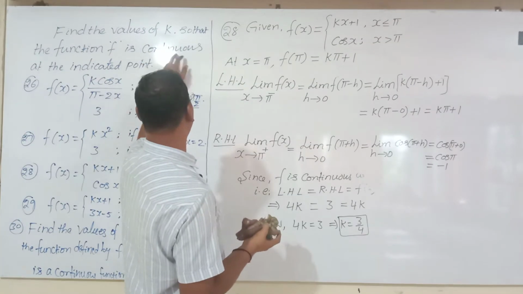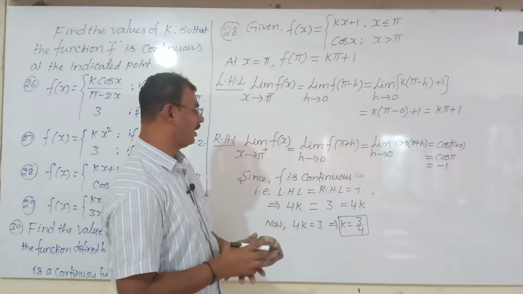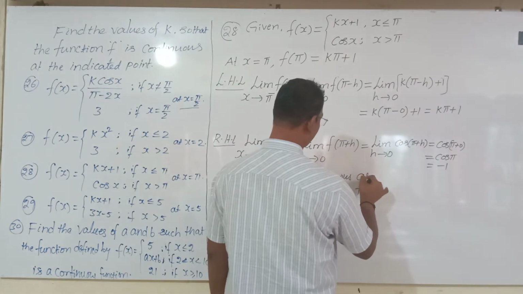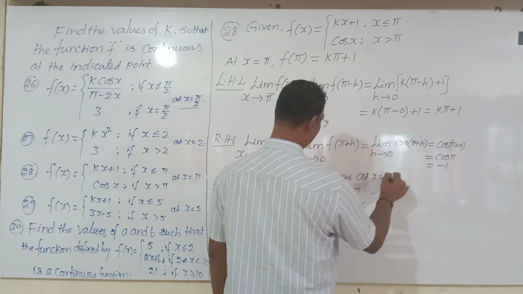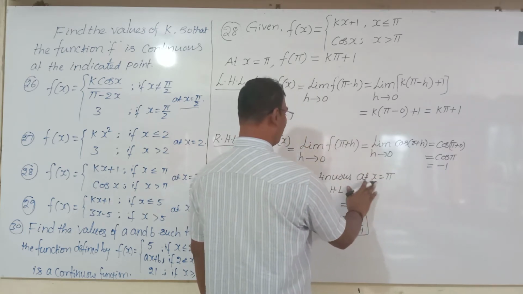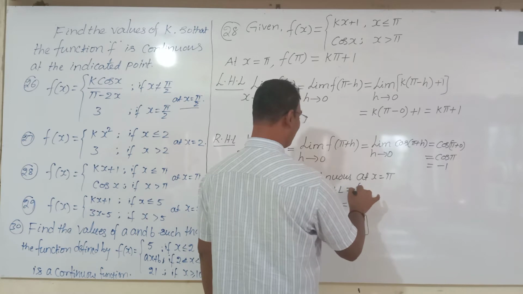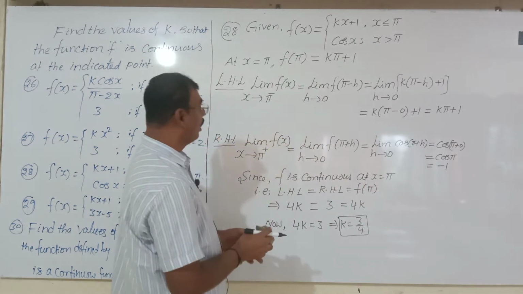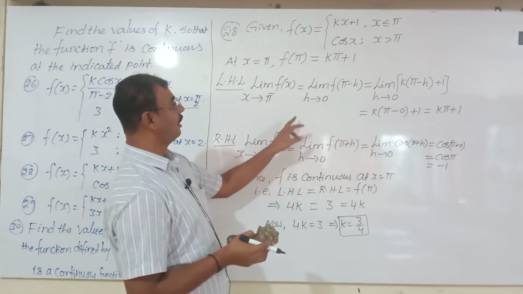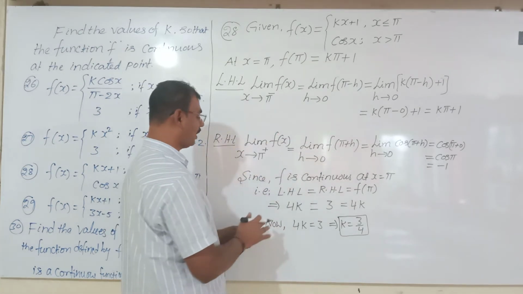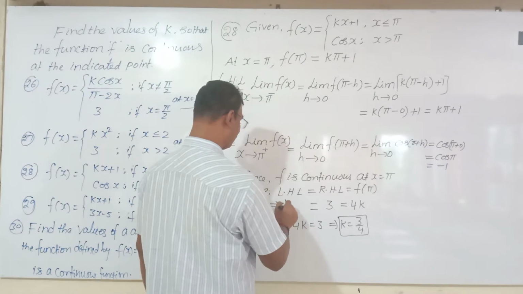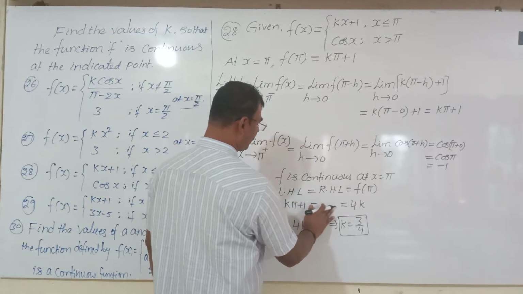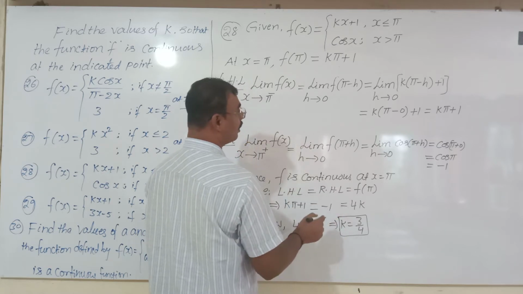Since according to the problem f is continuous, f of x is continuous at x equal to pi. What does it mean? Left hand limit is equal to right hand limit is equal to f of pi. How much did we get? Left hand limit is equal to k pi plus 1. What is the right hand limit? That is equal to minus 1.